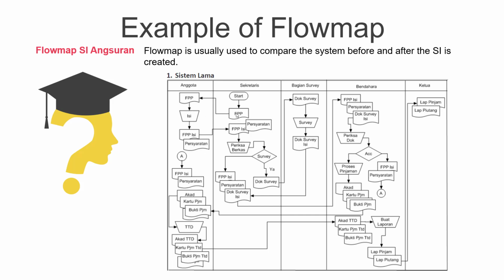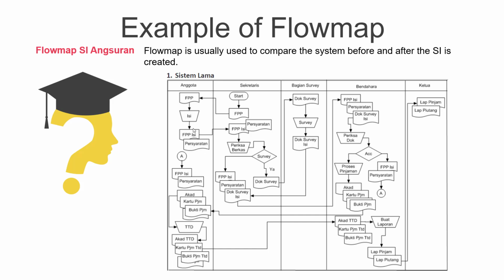Oke, mungkin kalian belum tahu ini simbol apa. Ini adalah simbol kertas, atau dokumen. Jadi contoh misalnya sekretaris awalnya membawa dokumen FPP. Dokumen FPP itu akhirnya diisi, dengan simbol secara manual ya.